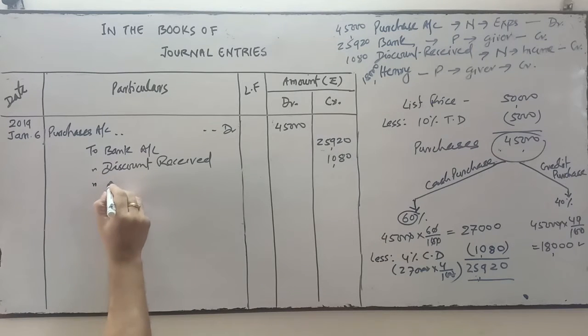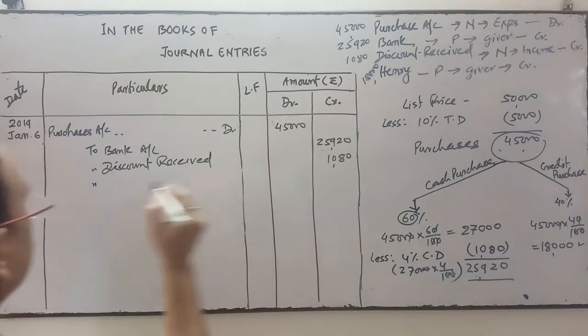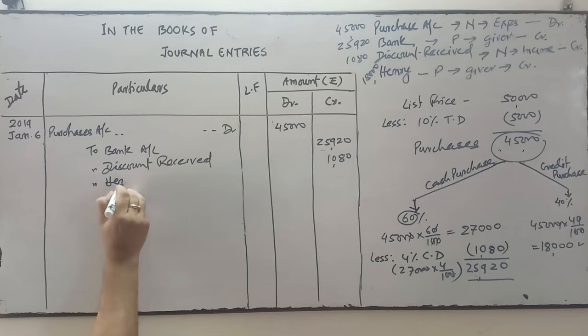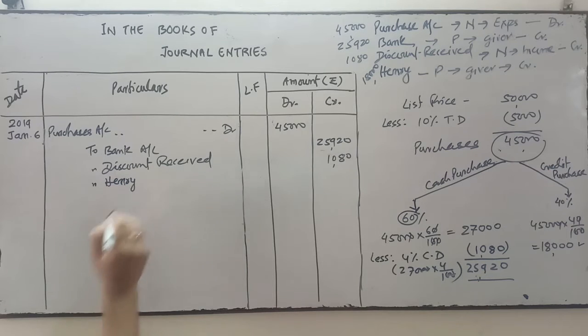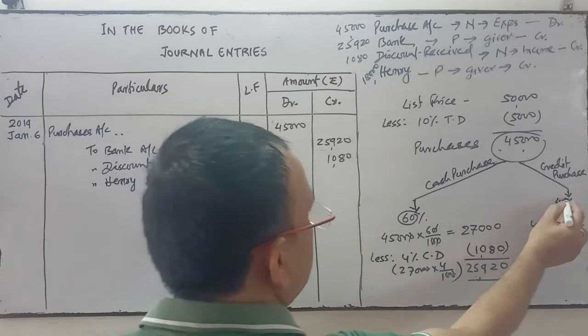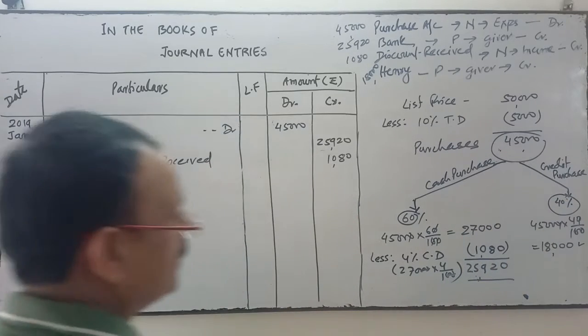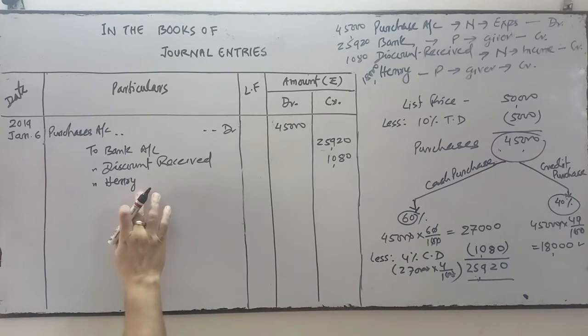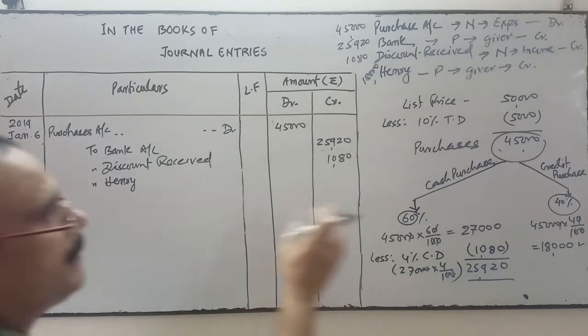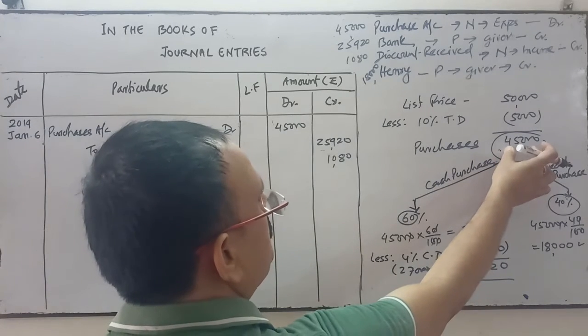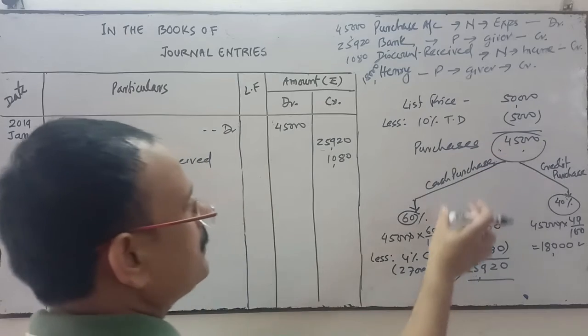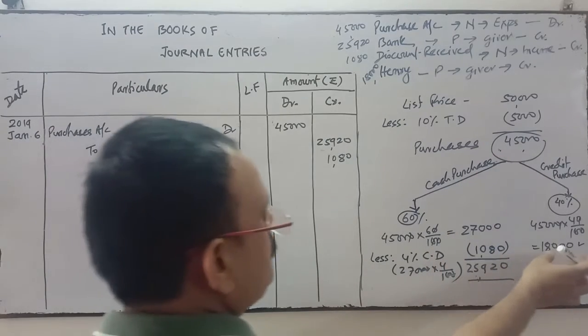Next is your Henry. We have purchased the goods from Henry and we have not paid 40% of the amount. This is the credit purchase and Henry account will be credited. He is the giver. However, he has given 45,000 of goods, but out of this 45,000 we have paid this much. So this much is left.